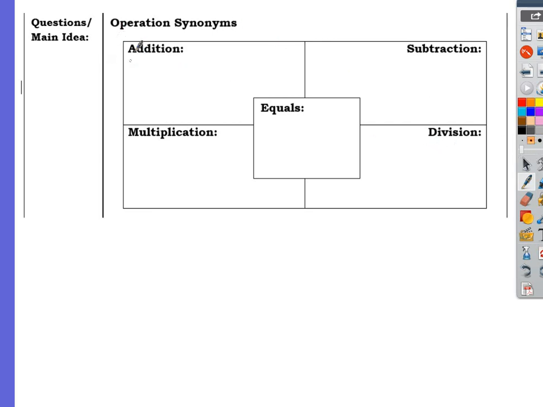So when you see words like more than, increased by, sometimes they'll use the words sum or gain.